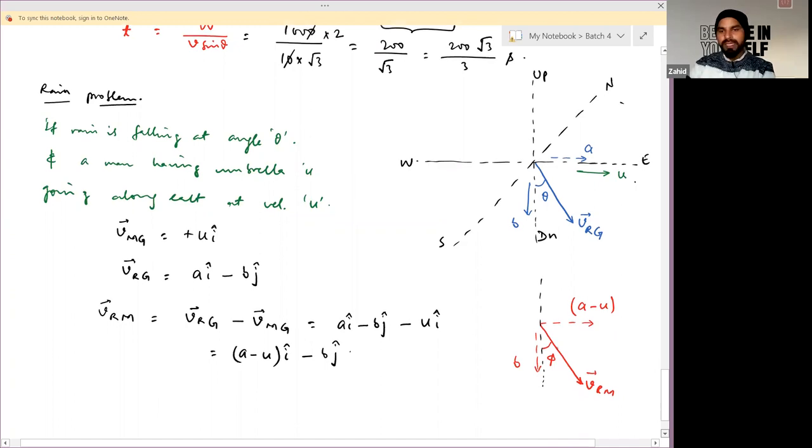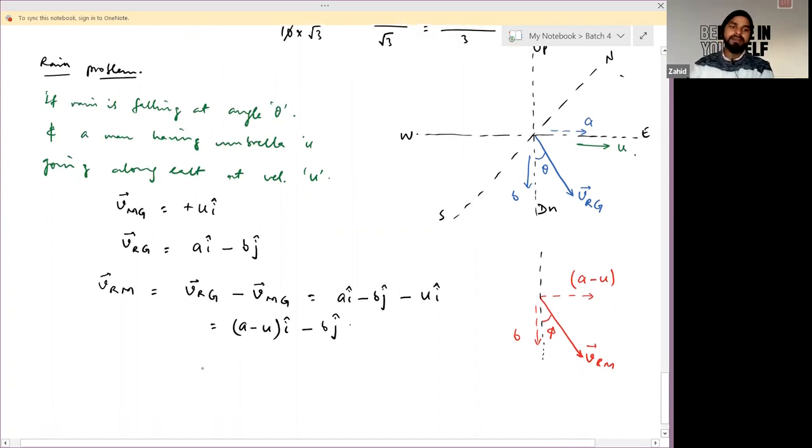So if you want to calculate this phi, tan phi is equal to perpendicular over base. Perpendicular will be a minus u divided by base, which is b.